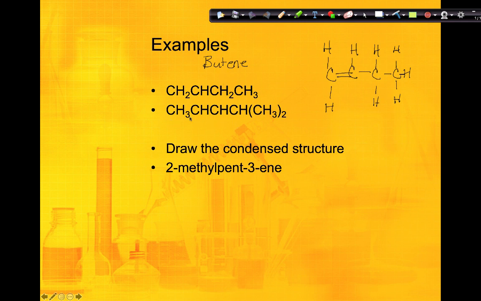All right, so again, let's draw this out. So we have a methyl to start, or just a CH3. And then we have that bonding to a CH, which is bonding to a CH, which is bonding to a CH, which is now bonding to 2 methyls. So we should have those bonds right there. Okay, so that would complete that.